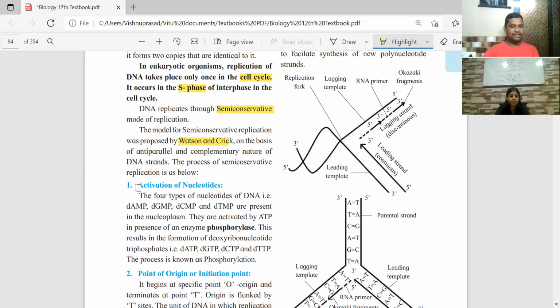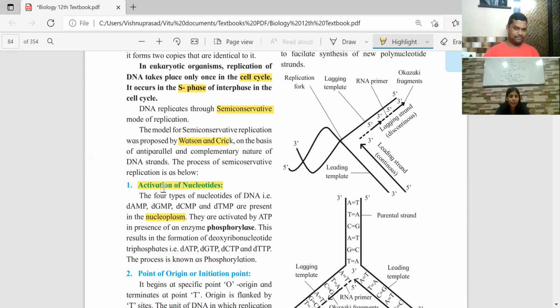See the first step is activation of the nucleotides in the nucleoplasm. Okay, all these nucleotides of DNA, 4 types हैं ATCG. Okay, these 4 types are present in the nucleoplasm, but in a bound form.